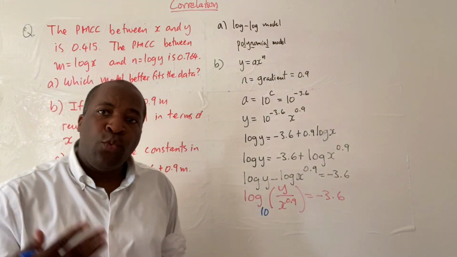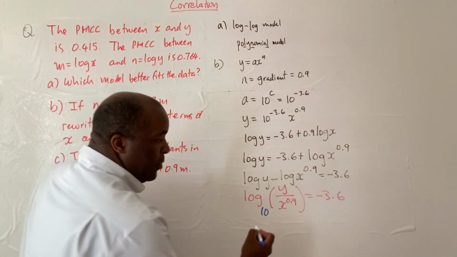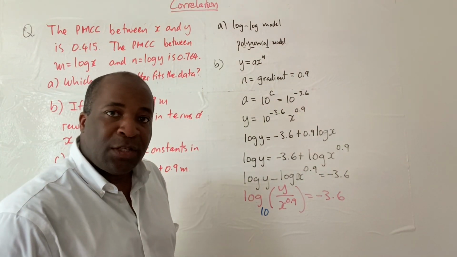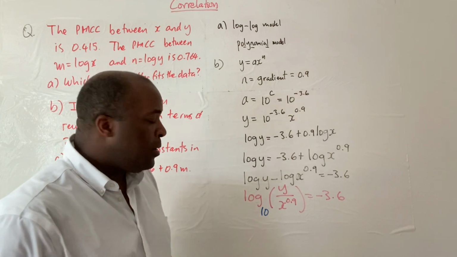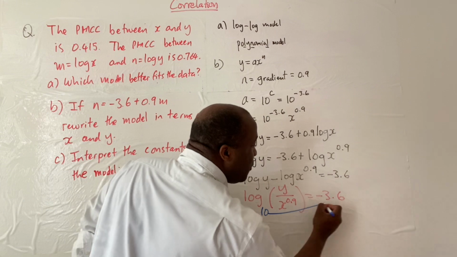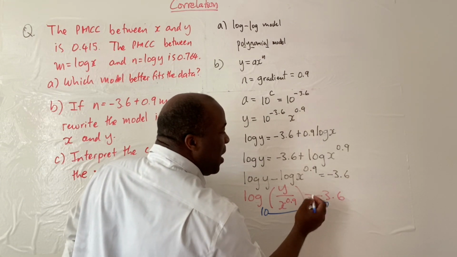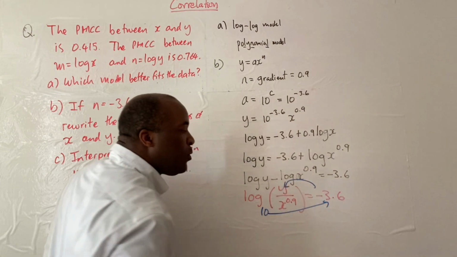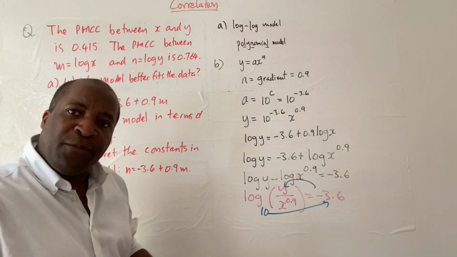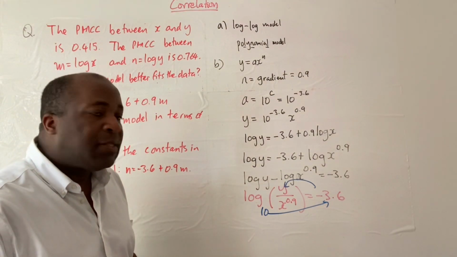Now, one way that I do anti-log is this. I use a process that I call cross exponentiation. It's like cross multiply, but we now involve powers. So I do 10 to the power minus 3.6 is equal to y over x to the 0.9. So you can have your own technique. If that works for you, that's fine.